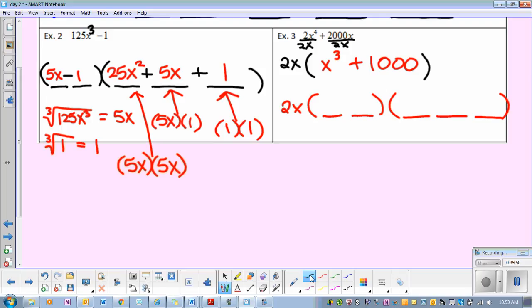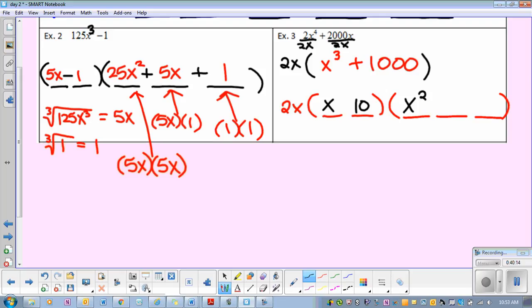What goes in the first one? Just x. What goes in the second one? 10. Yeah, the cube root of 1,000 is 10, right? What goes here? x squared.